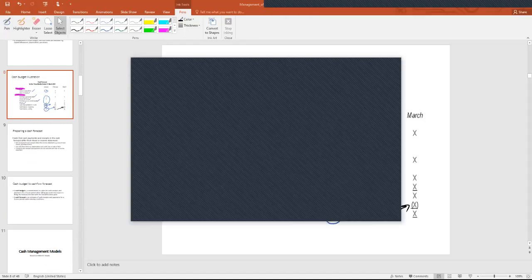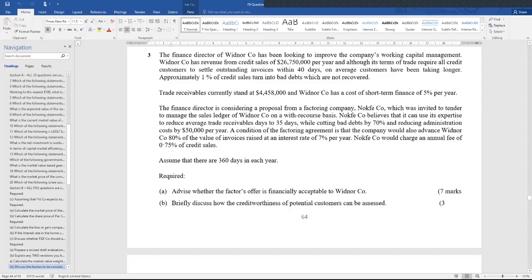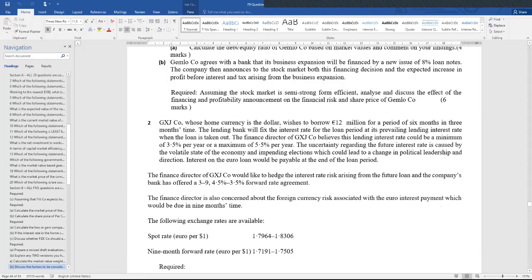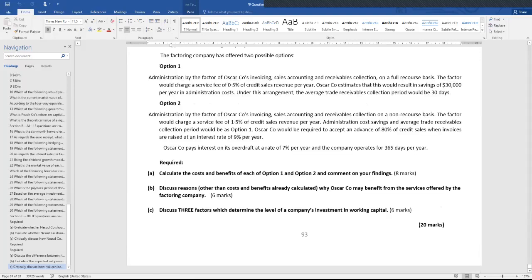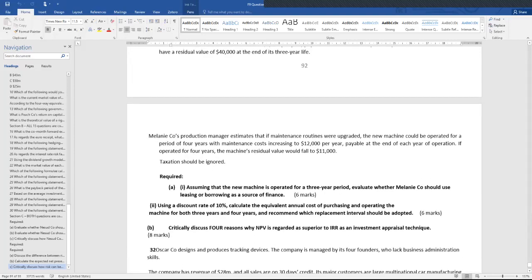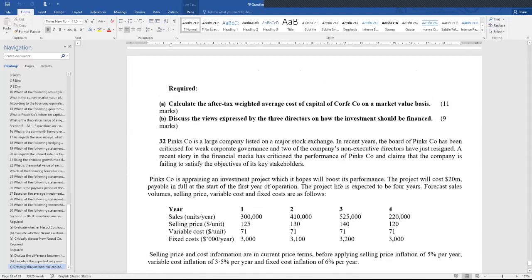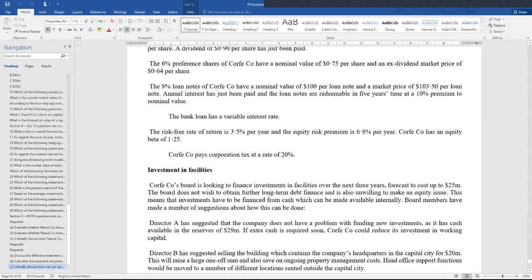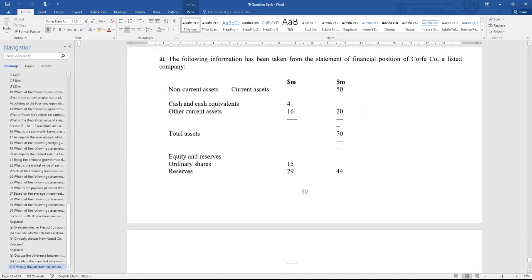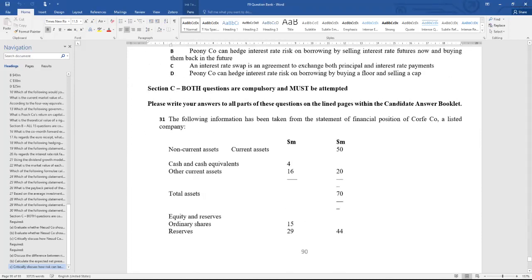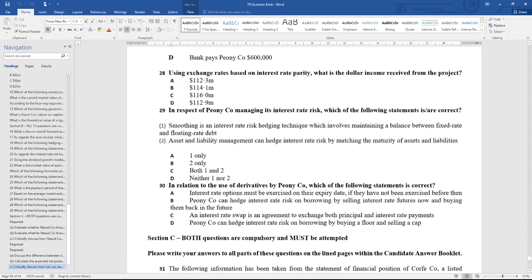So let me get it. There was a time, it should be maybe 1 or 2 years ago, when the examiner asked the students to prepare a cash flow forecast. Let me get it. It's very easy in case you understand: you don't use accruals basis, you don't mix up, because that's where you can make mistakes.